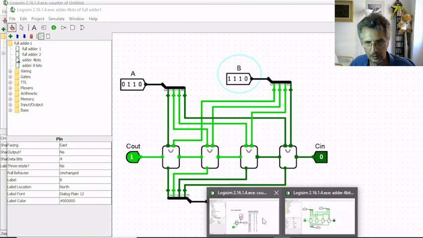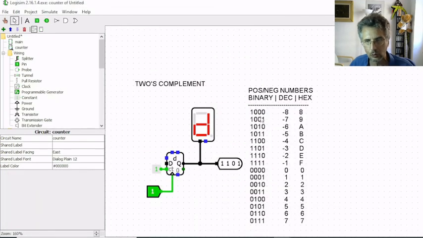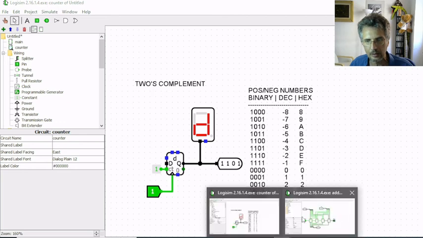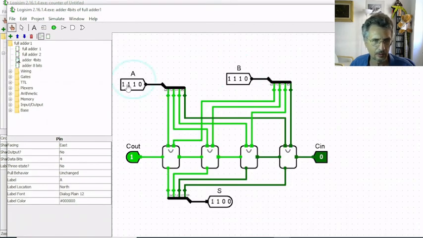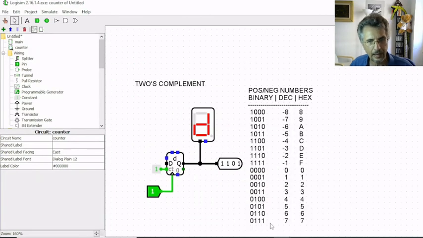I want to show you a last example. For example, I want to add minus 8, which should be 1000, and add to minus 8 the number plus 3.